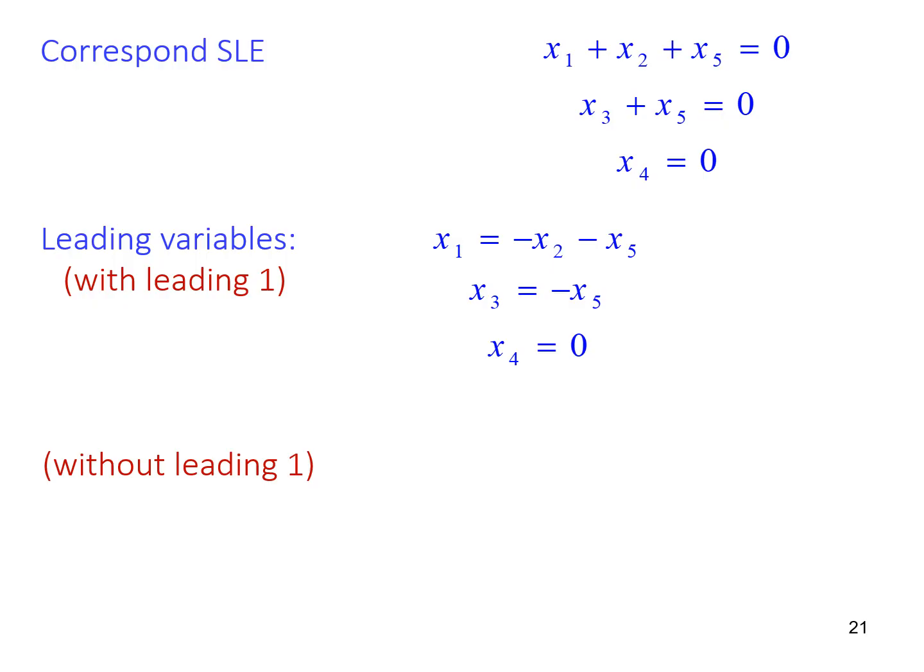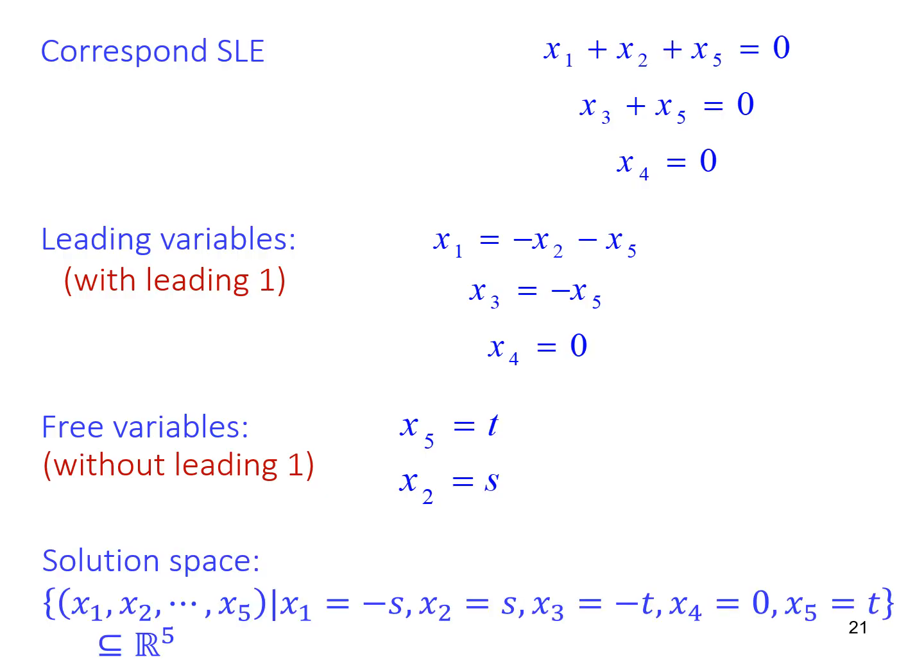The leading variables are x1, x3, x4 because the corresponding columns contain a leading 1, and the free variables are those whose corresponding columns do not contain a leading 1, therefore x2 and x5 are equal to the parameters, and the solution space is given as follows.